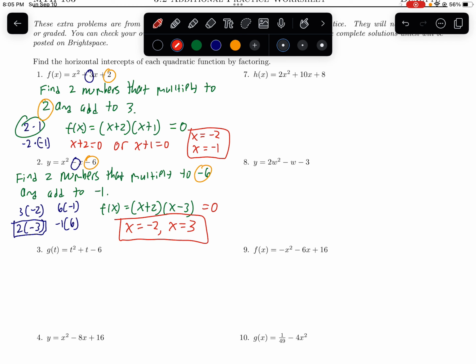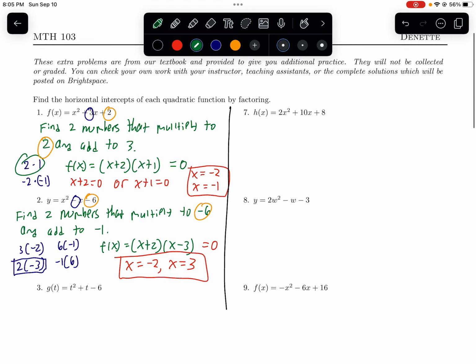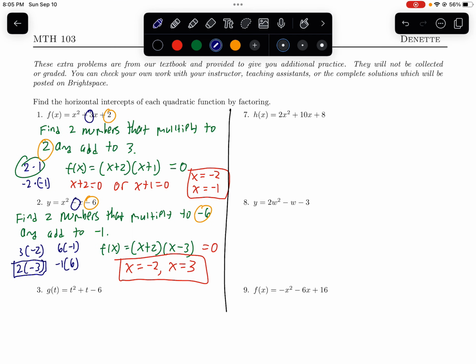I now want to do question 8, which is a little bit more complicated. So when we were factoring questions 1 and 2, a was 1, right? But for question 8, a is 2. And so if your lead term is not 1, right, if a is not 1, then you have to do an extra step.